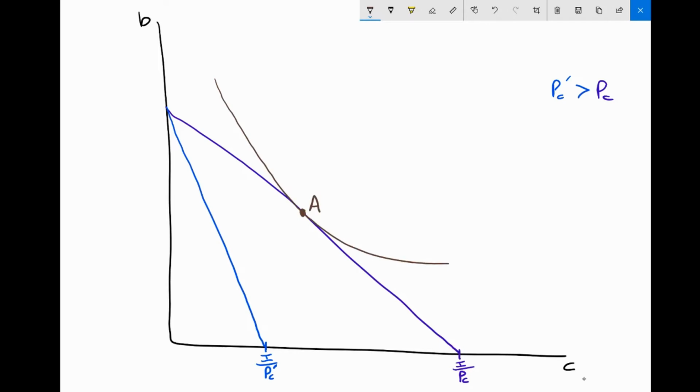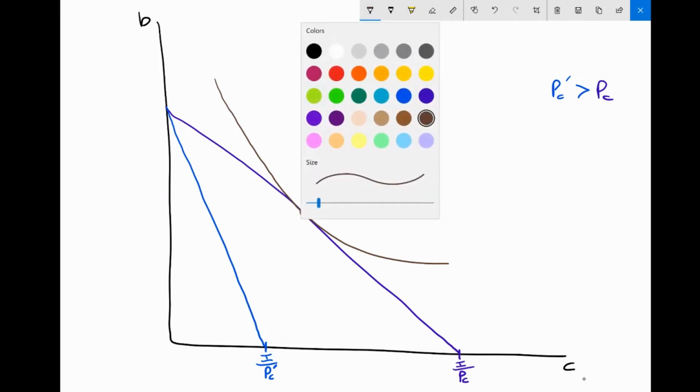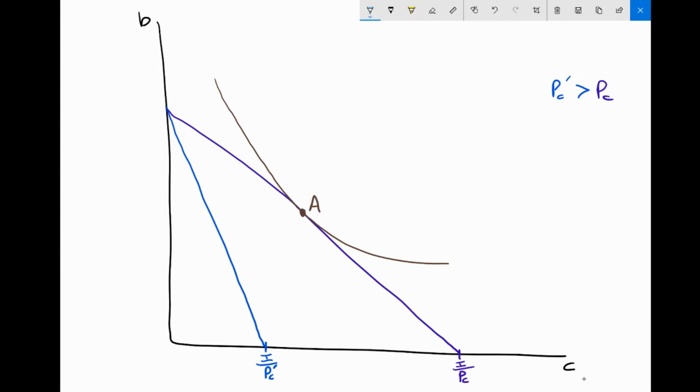What I want to illustrate is what it looks like if I have an inferior good. First, let me illustrate the substitution effect by drawing the budget line in the situation in which they are compensated.